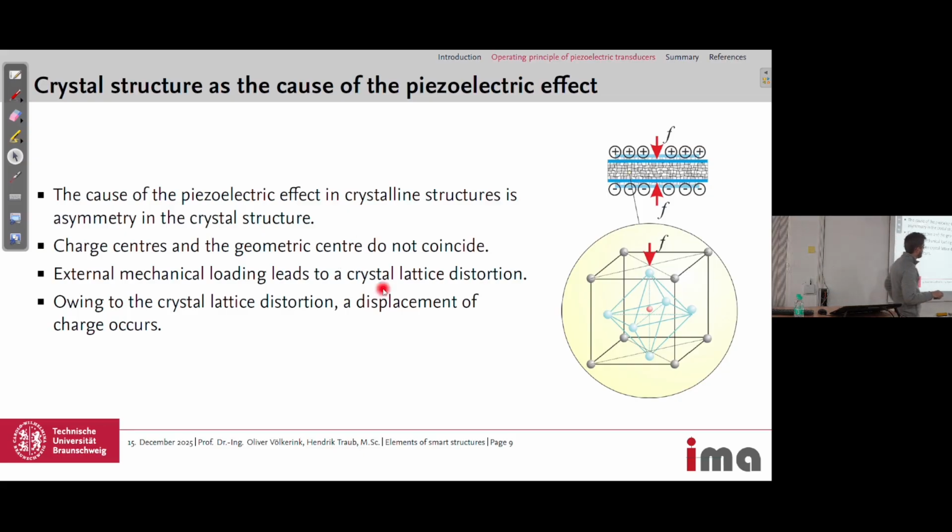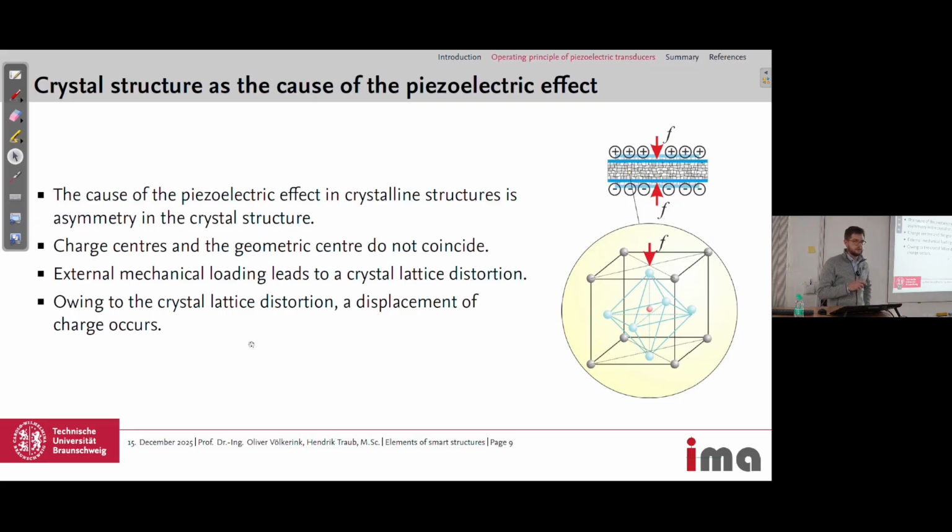If you look at this lattice, you notice that this atom here in the middle is not in the geometric middle, and therefore the geometric and charge center do not coincide. Then an external mechanical loading leads to a distortion of this lattice, and therefore also the charge center moves, and this leads to a displacement of charge.